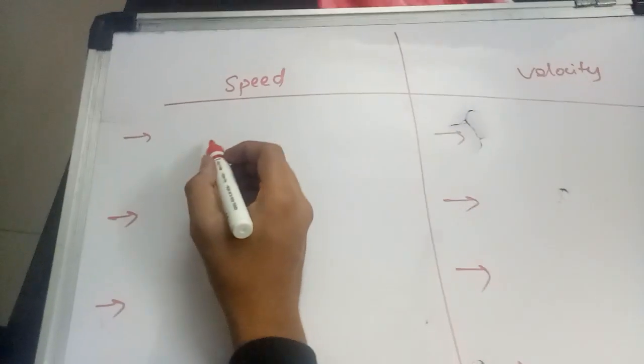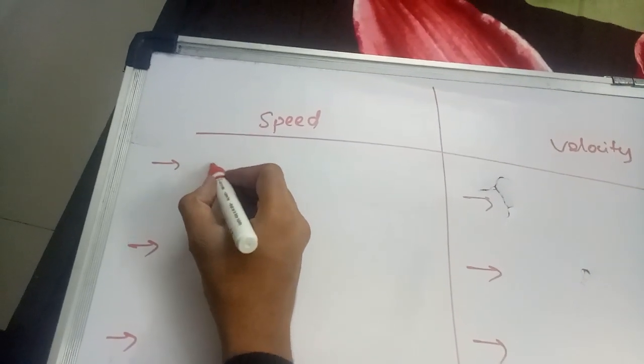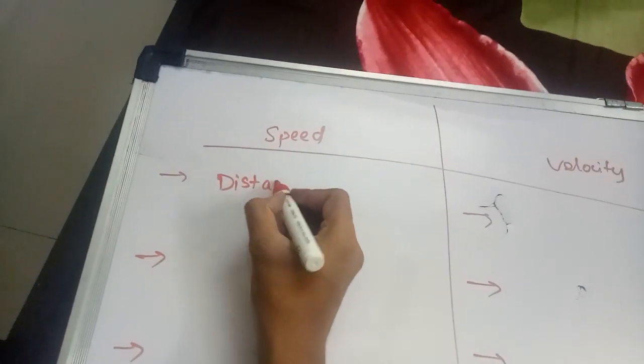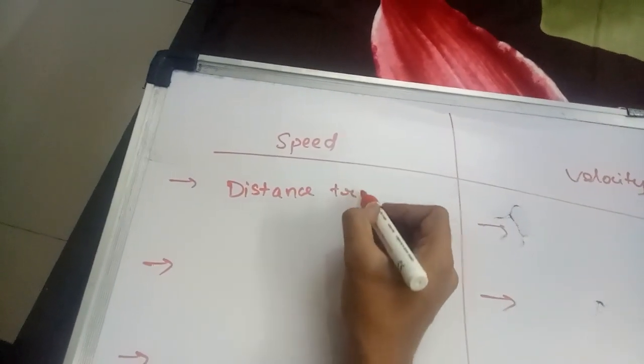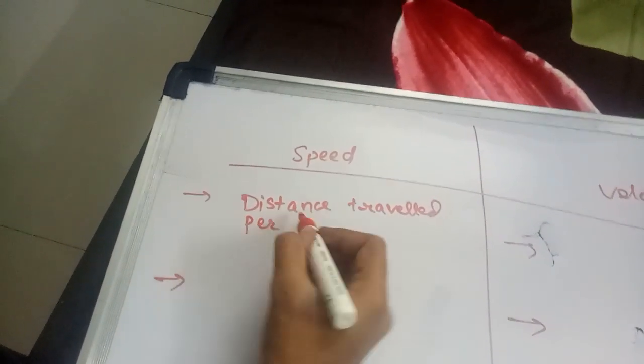Now comes the difference between speed and velocity. Let's do speed. Speed is the distance traveled per unit time.